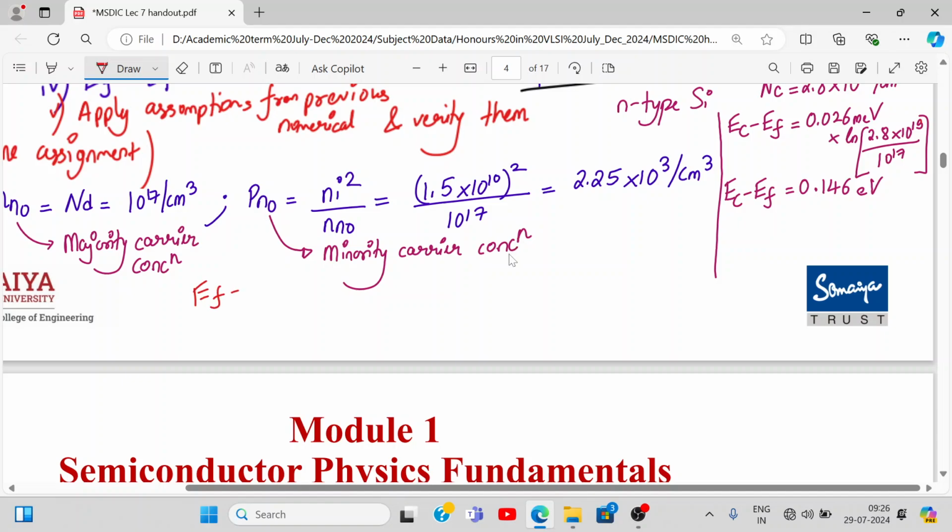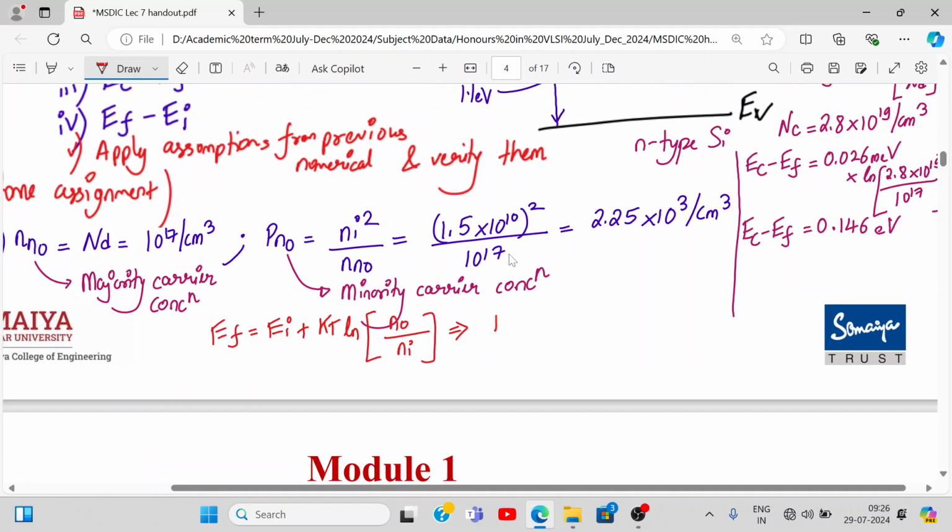EF is equal to EI plus kT natural log of Nno upon ni, where Nno is Nd. So what do we want? EF minus EI. EF minus EI will be kT natural log of Nno, which is Nd, upon ni. What is ni?